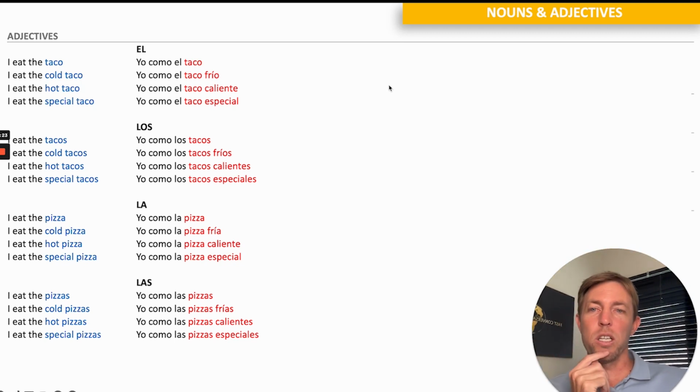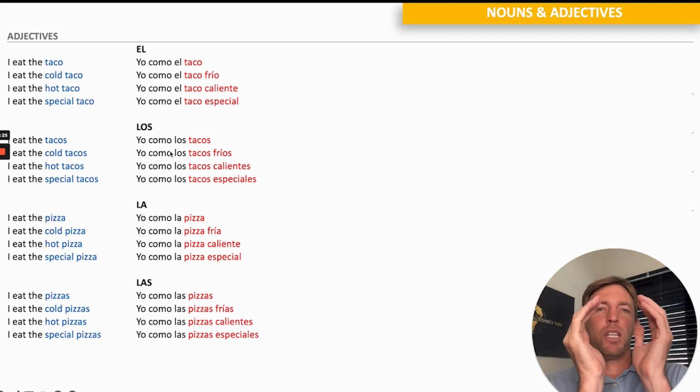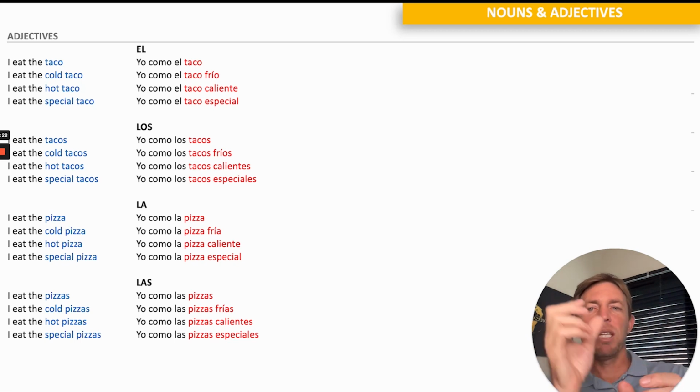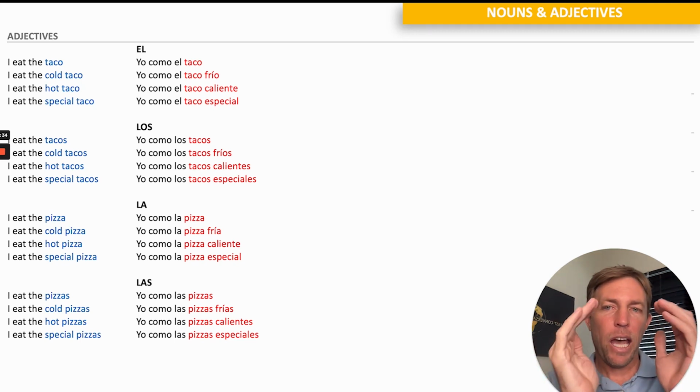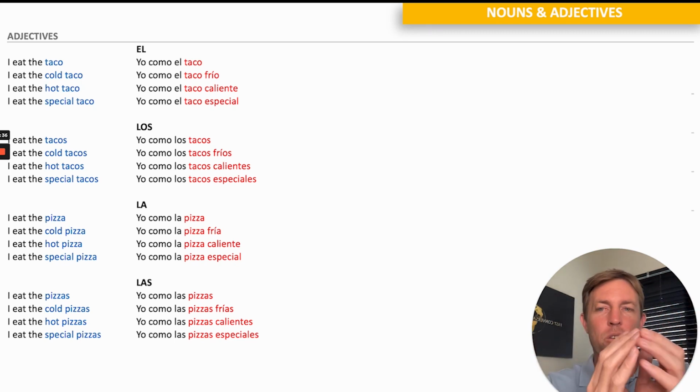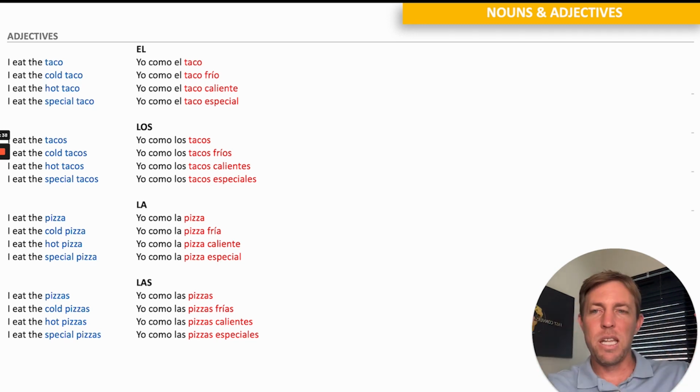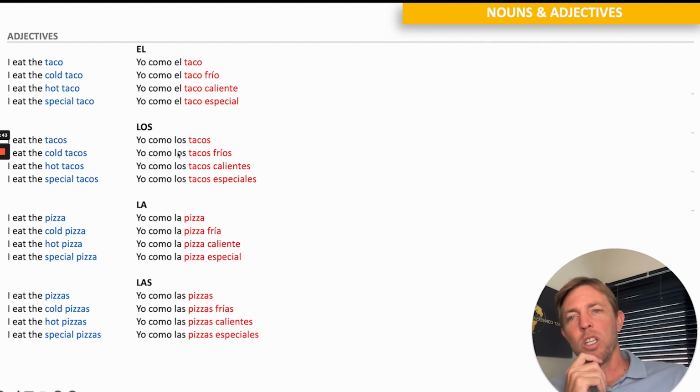Los tacos fríos. The noun is the center of the solar system, and the articles and adjectives, the descriptive words describing the tacos, are circling around it. They have to match whatever the noun is. The noun is tacos, then they have to be plural and masculine. Okay? Los tacos fríos. All right.